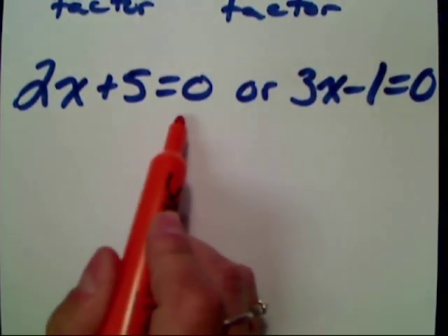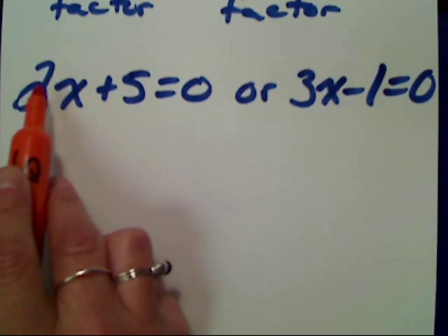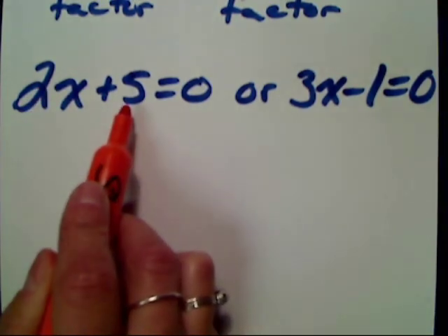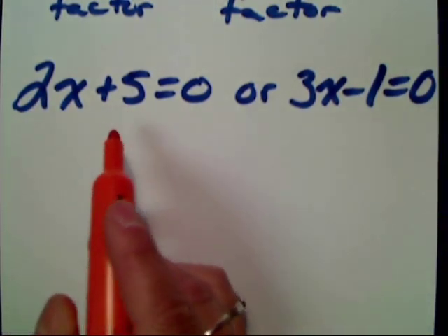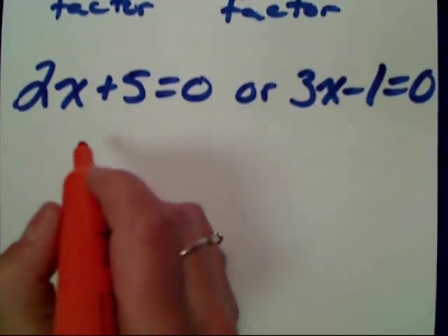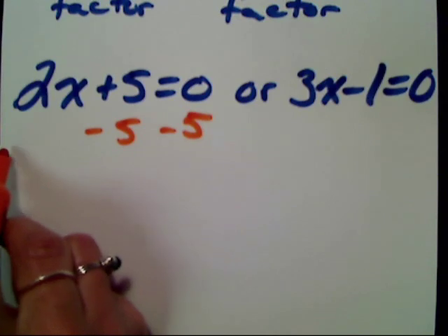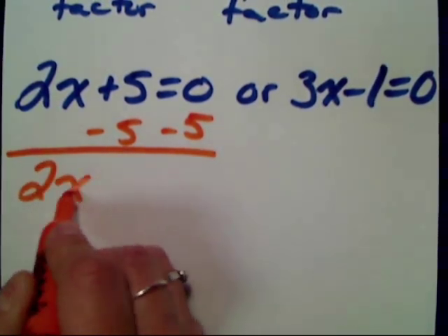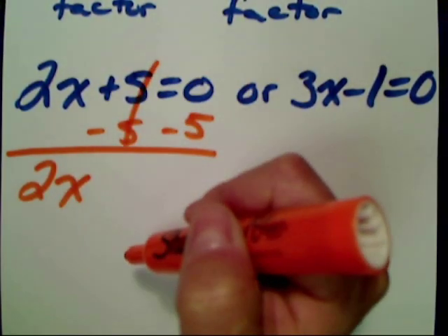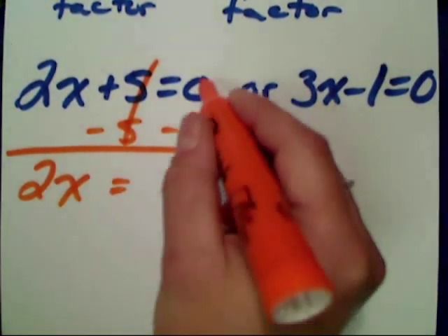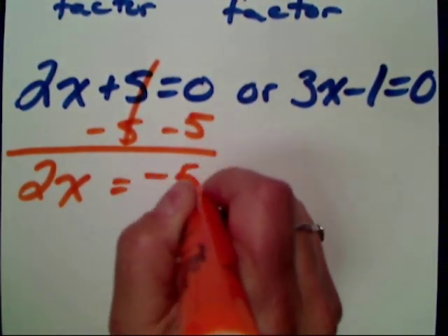To solve this, we know that we have to get the term with the variable by itself and get rid of any constant or term that does not have the variable. To get rid of adding 5, we subtract 5. Whatever you do to one side, you do to the other side. 5 minus 5 cancels, which is why we did that. 0 minus 5 is a -5.